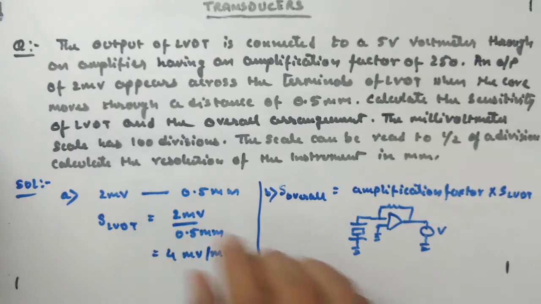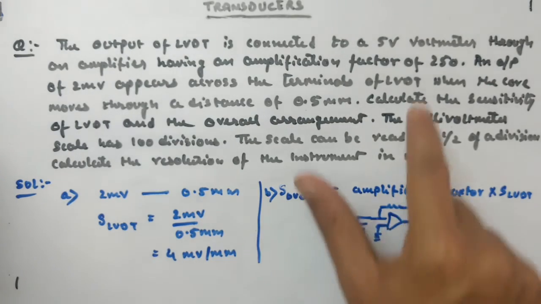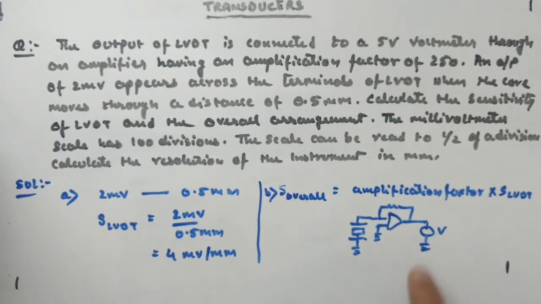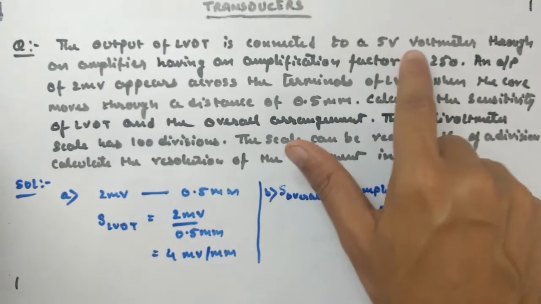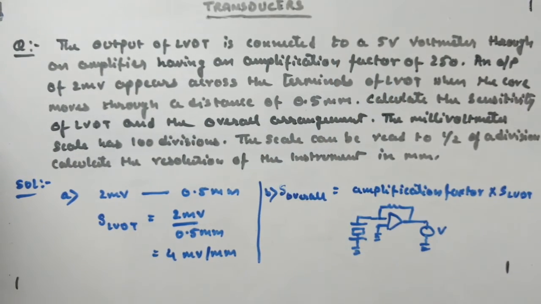That output voltage is amplified by a factor of 250, and at the output you will again have voltage because you are detecting it with a 5 volt voltmeter. So you should judge that at the output it has voltage, and at the input it also has a voltage because of the LVDT. So it's a voltage amplifier. That's how you can imagine it.